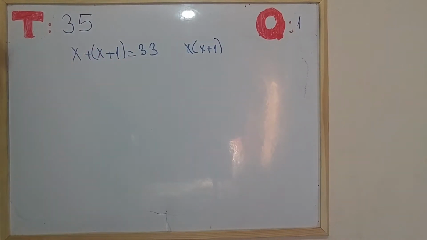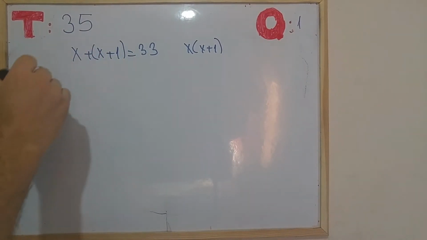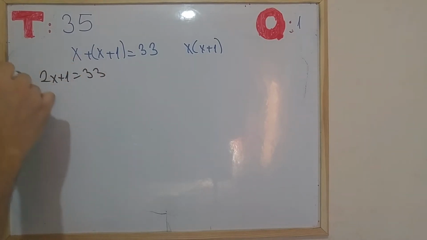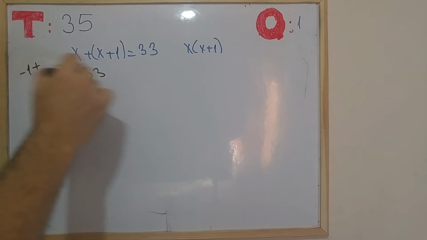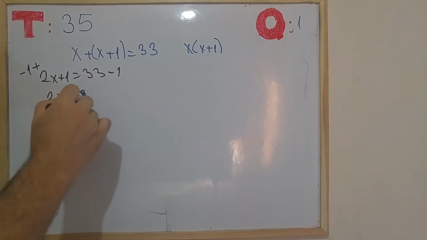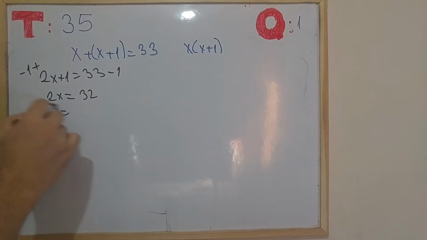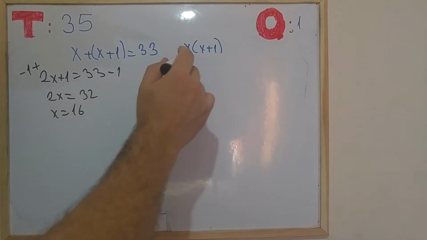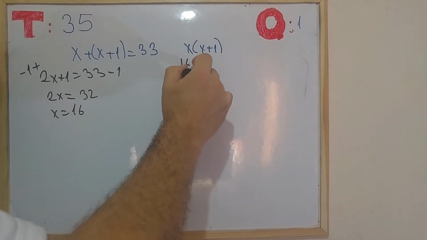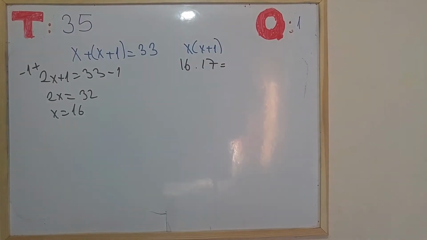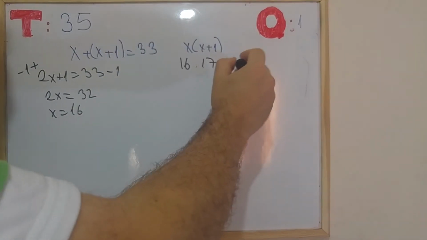Here what I have is 2x plus 1 is equal to 33, which makes, when I subtract 1 from each side, 2x is equal to 32, and x is equal to, when I divide each side by 2, 16. So what I need to do is multiply 16 by 17, which comes out to be equal to 272.